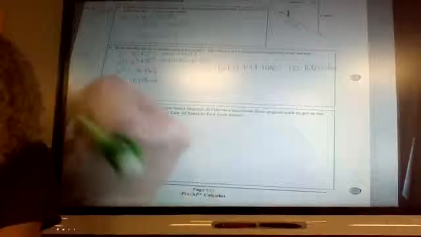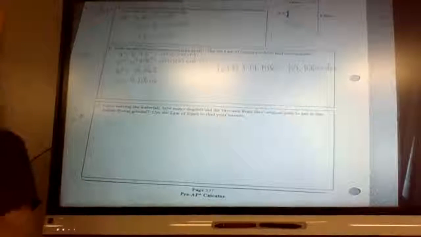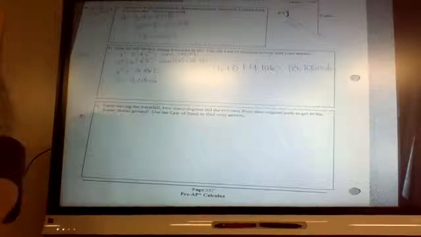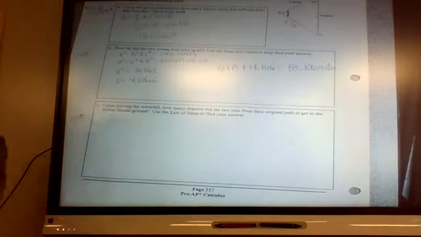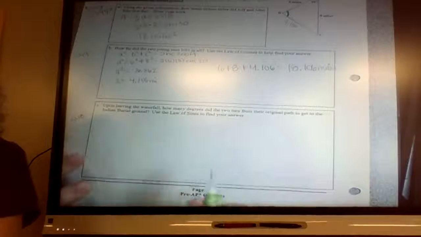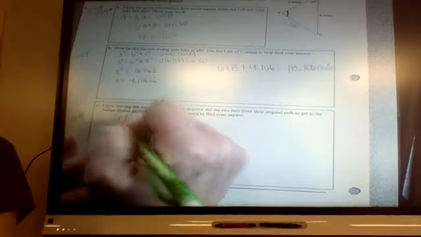What page can I find law of sines? 548 is law of sines. Okay, so law of sines would be the sine of A is to A as the sine of B is to B.